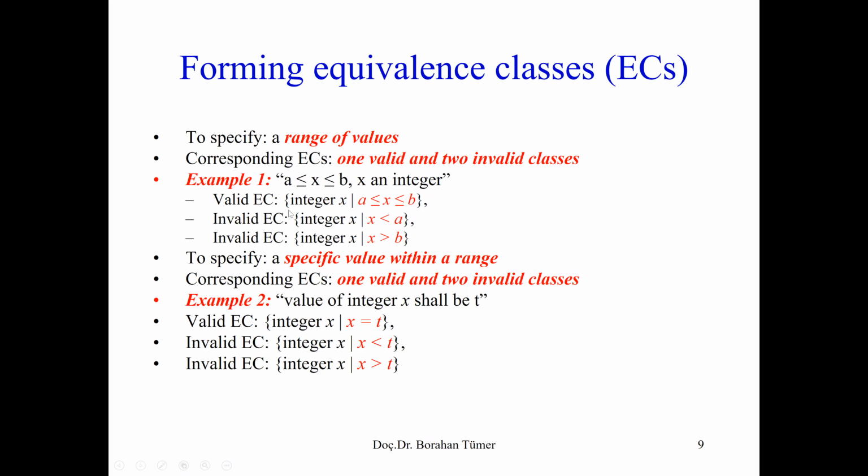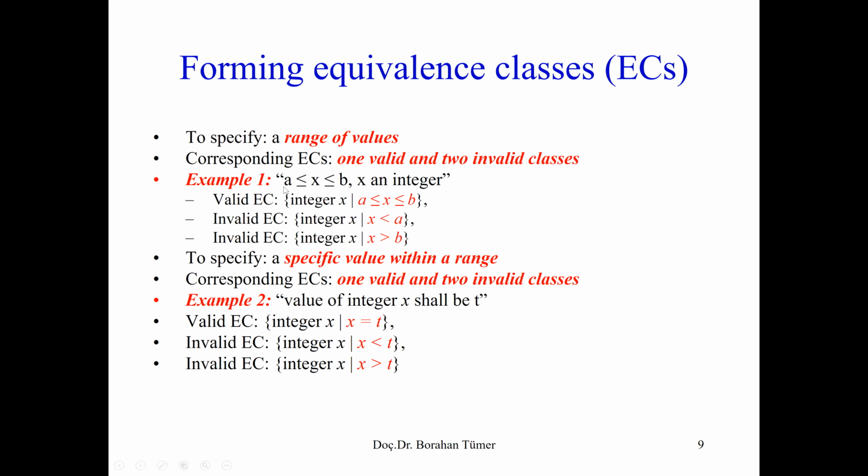So what should these valid and invalid equivalence classes be? The valid equivalence class should be an integer x between a and b inclusively, and for the invalid equivalence classes, one should be the set of integers less than a, and the other should be the set of integers greater than b. So for this range of values between a and b, we should use three representative inputs.